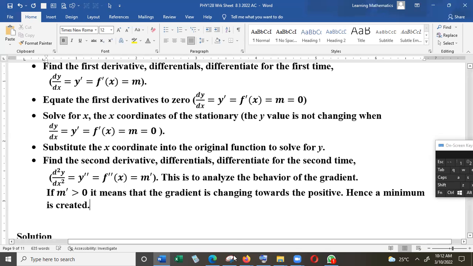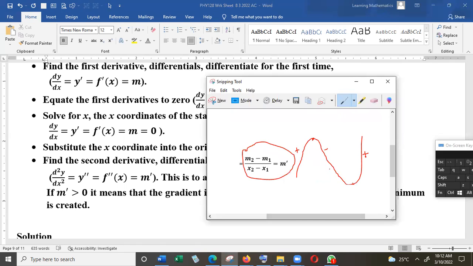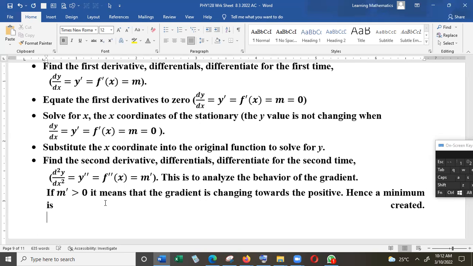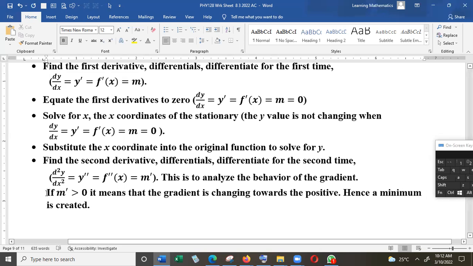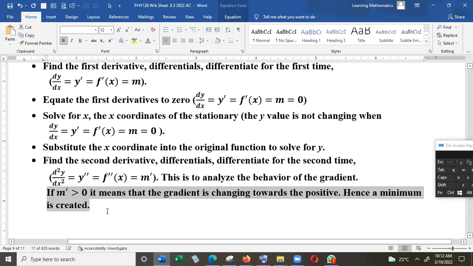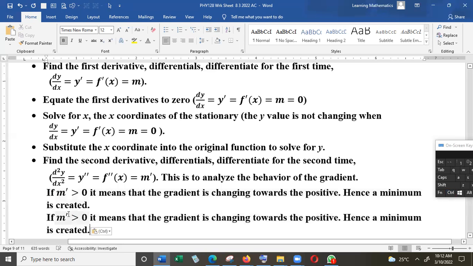Okay, here it is. So it's changing towards the positive. Minimum is created. Now, if the gradient is the rate of change of the gradient, remember m prime is second differentials.